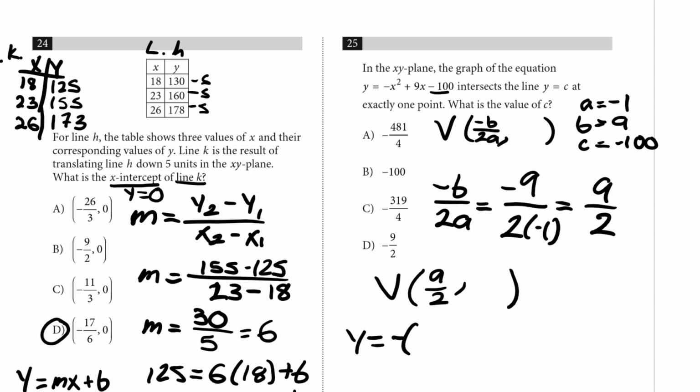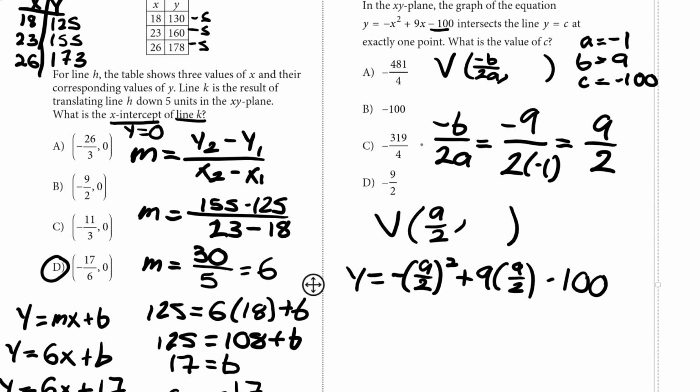Y equals negative 9 over 2 squared plus 9 times 9 over 2 minus 100. 9 over 2 squared gives us 81 over 4, and we still have the negative sign in front, plus 9 times 9 over 2 is 81 over 2.